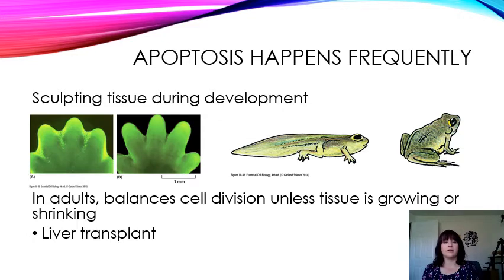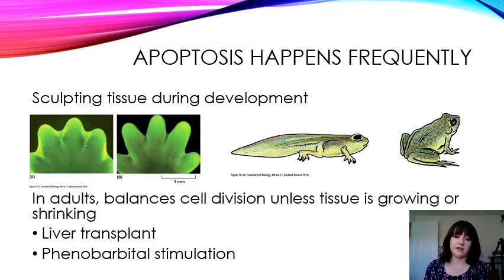Right? So that liver somehow knows that the tissue's been lost and will upregulate cell proliferation in order to regrow that tissue. And scientists have started to figure out the mechanisms behind that, and they can actually stimulate liver growth with a drug called phenobarbital, which is kind of neat.